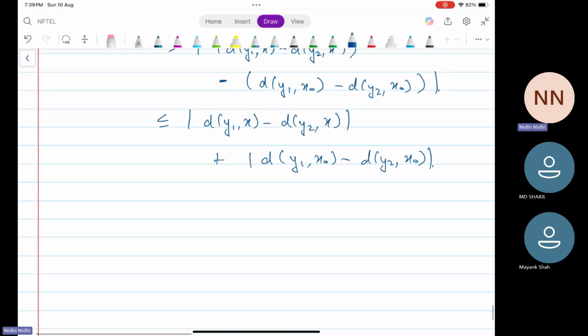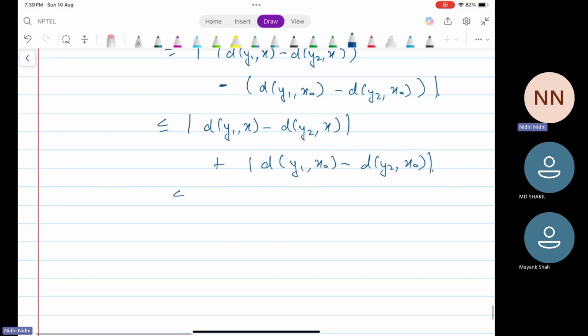Now I'm saying that this is less than or equal to d(y1,y2) plus d(y1,y2). Can you tell me how? I think triangle inequality, no?